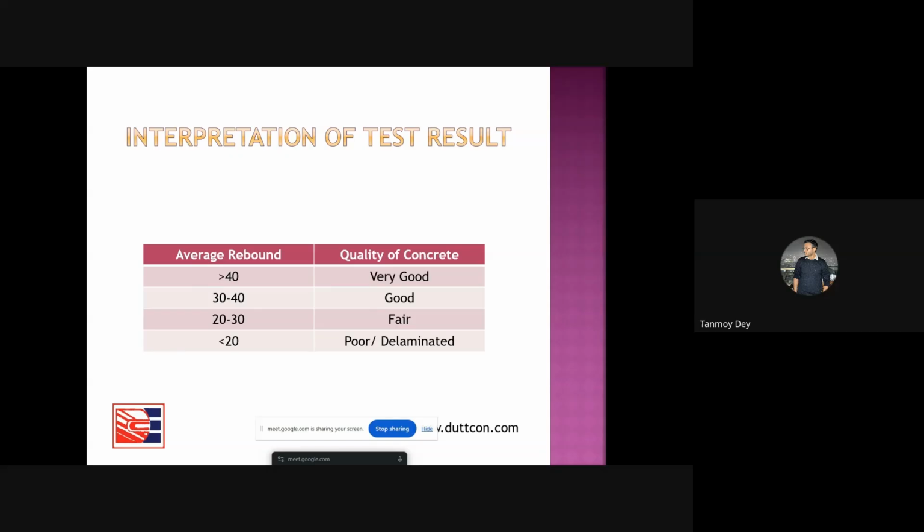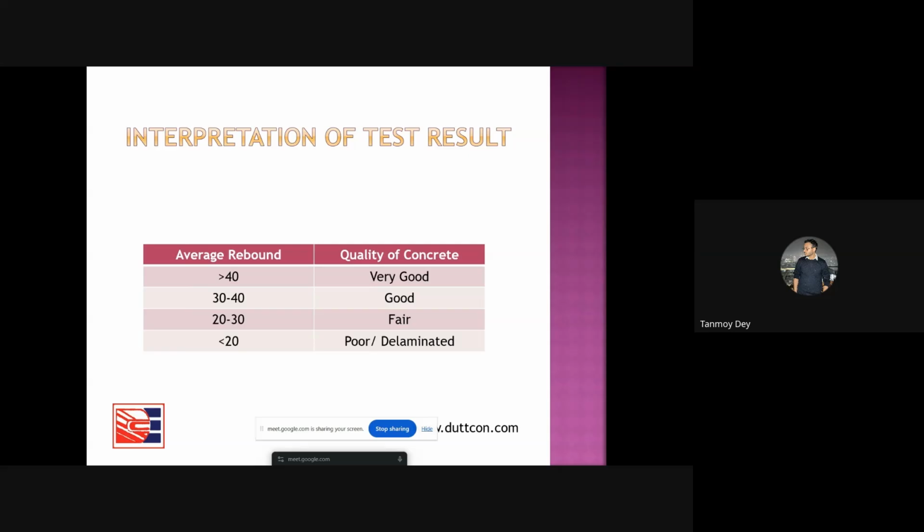Here, this particular slide is not perfect. This is good for a structure having strength 30 to 40. If it is an M30 grade structure, 30 to 40 is good. If below, fair, accordingly we can judge. As per IS, previously it was IS 11331, now it is 516.